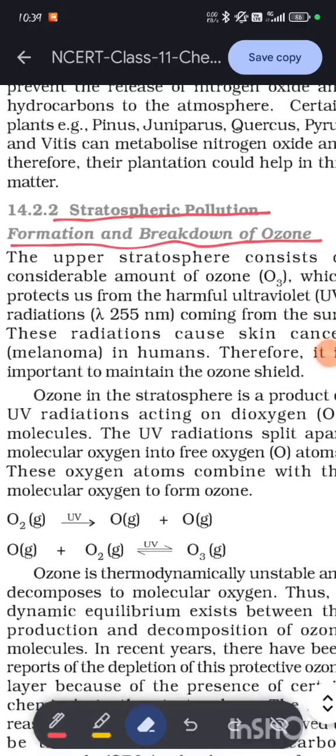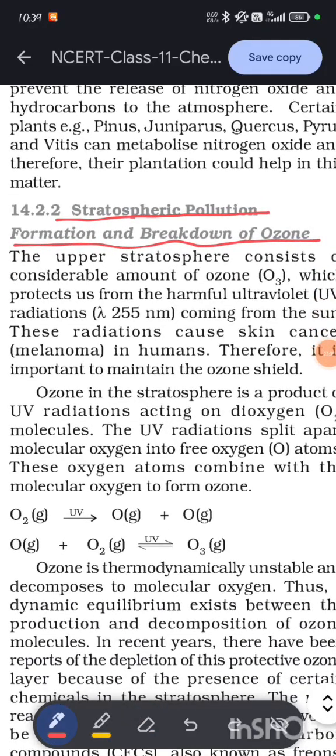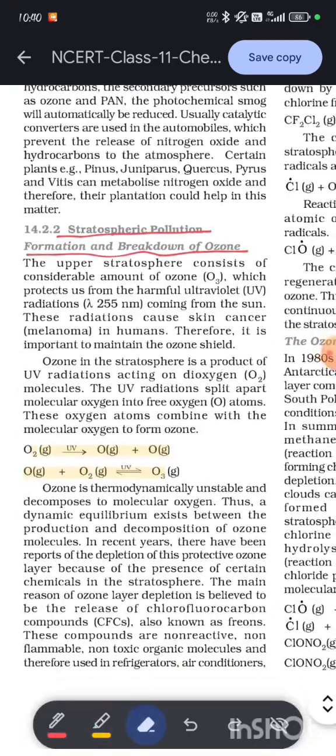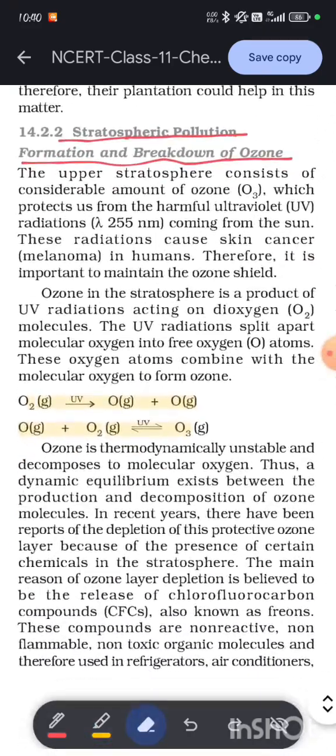Then the reaction is O2 in the presence of UV gives O plus O, and O plus O2 in the presence of UV radiation gives O3. Ozone is thermodynamically unstable and decomposes to molecular oxygen. Thus, a dynamic equilibrium exists between the production and decomposition of ozone molecules.